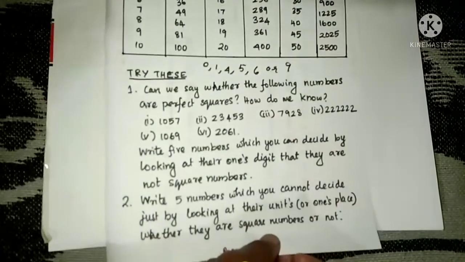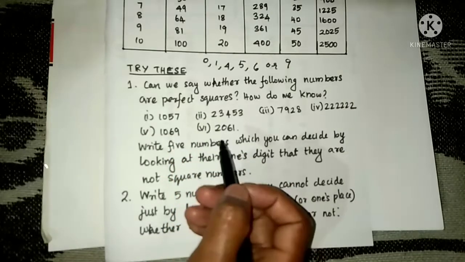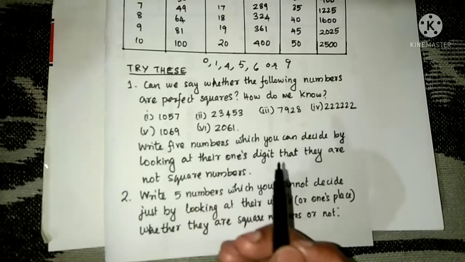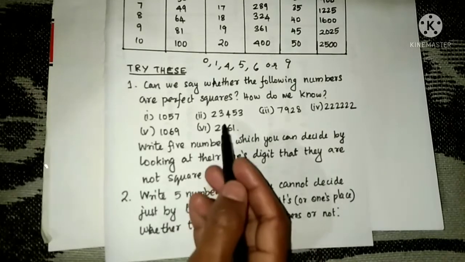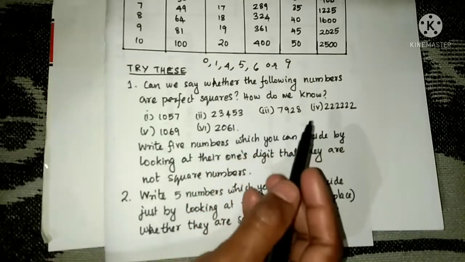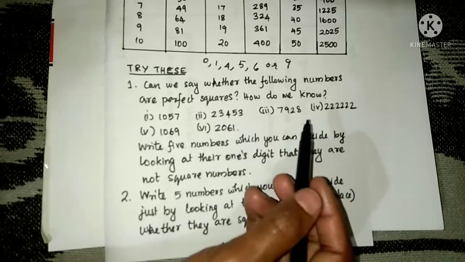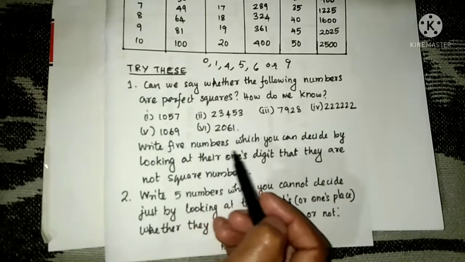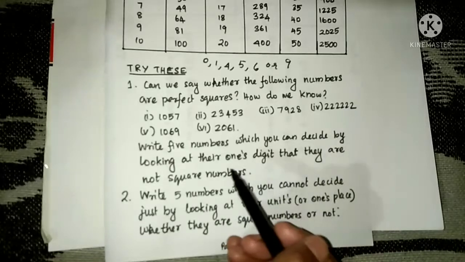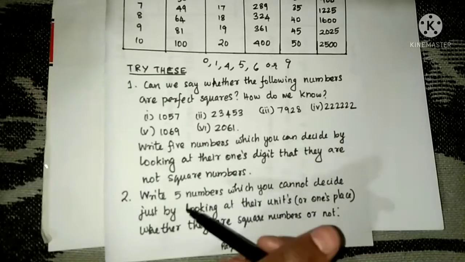For that, pause the video and try these questions. The first question: can we say whether the following numbers are perfect squares? How do we know? By looking at the ending digits, the last units place, we can find out. Write 5 numbers which you can decide by looking at their ones digits that they are not square numbers.